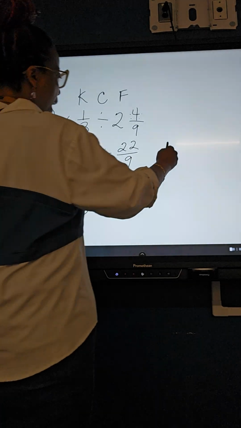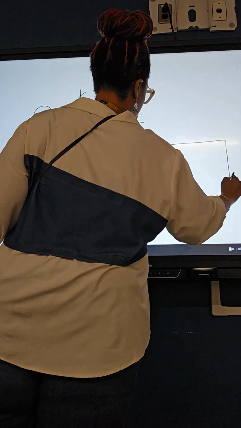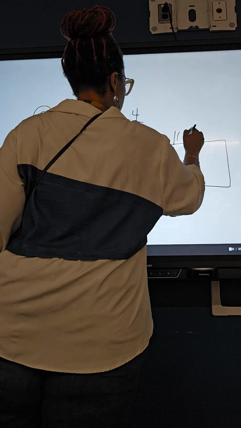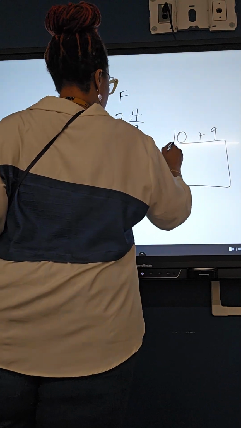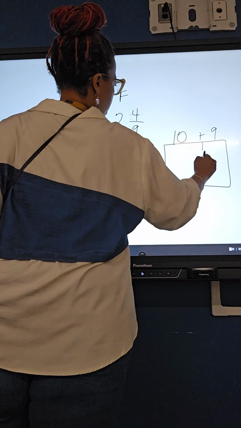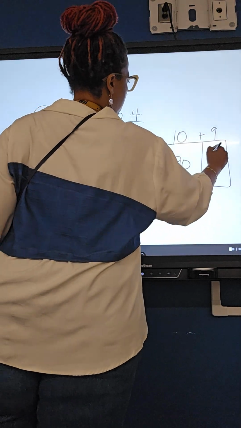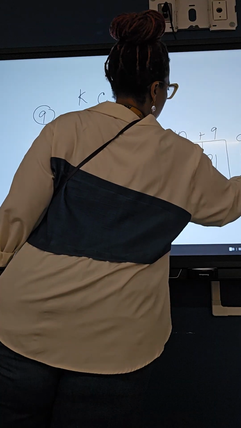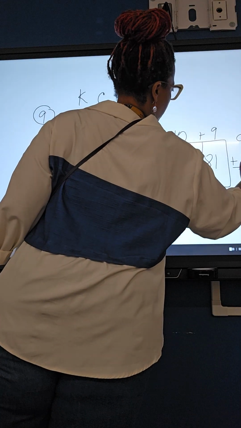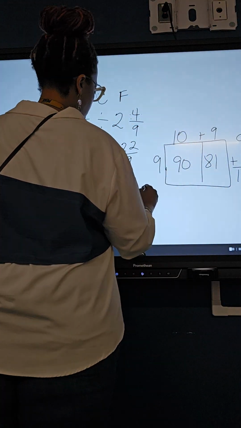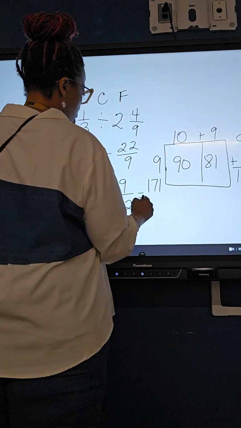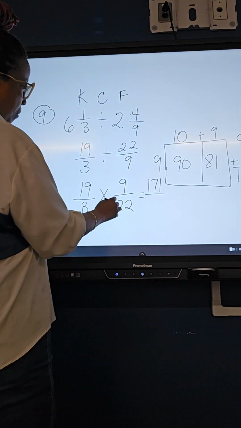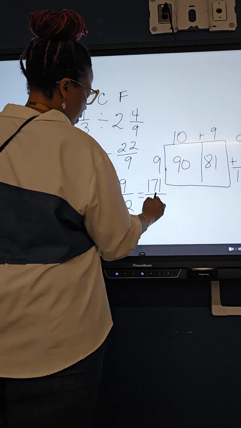We know that we have to do the area model. 19, 10 plus 9 times 9 is 90 plus 81. 90 plus 81 equals 171. So this is 171 over 3 times 22 is 66.